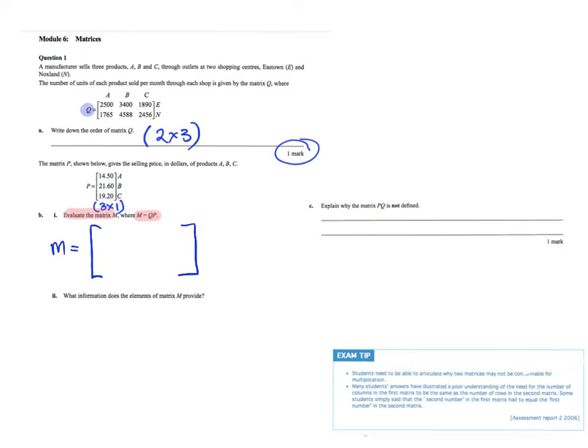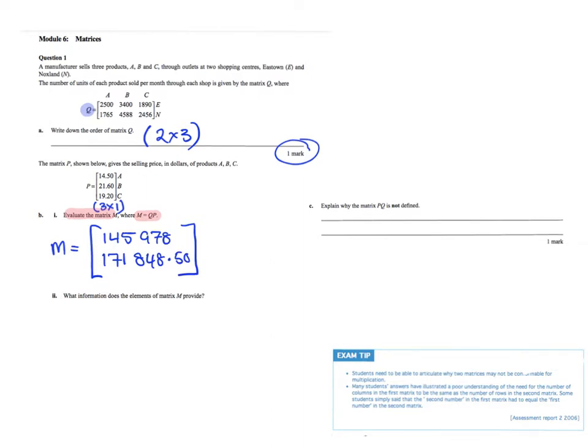We've popped it in our calculator, and we've got that this is 1459,78, and this one is 1718,48.50. Okay.